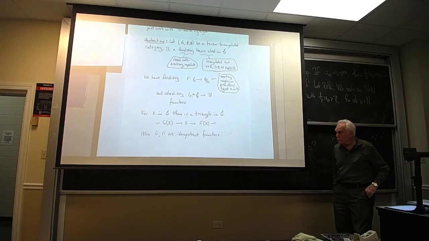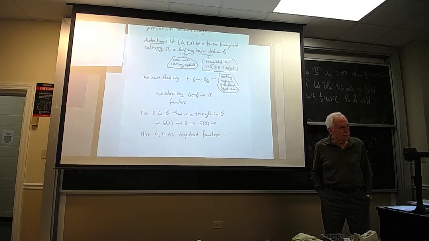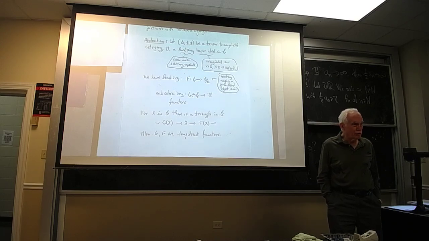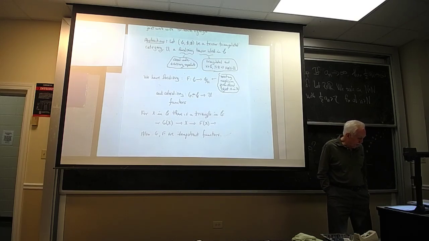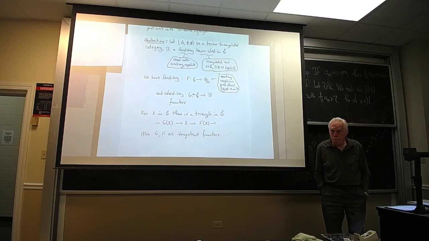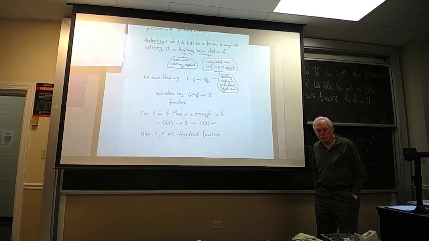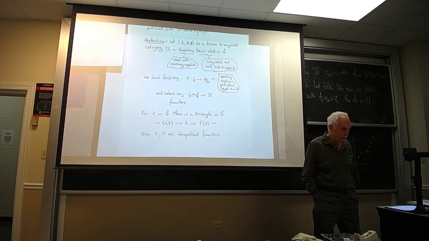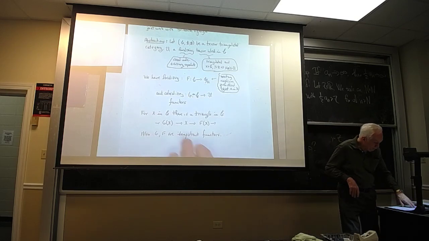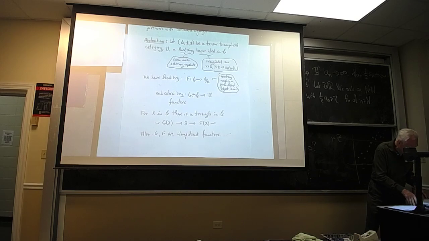And these are idempotent functors in the sense that if you apply them twice, you get the same thing as if you applied it once. So, in other words, G composed with G is G, and F composed with F is F. And strangely enough, if you apply G to F, you get 0. Okay, so that's the situation.